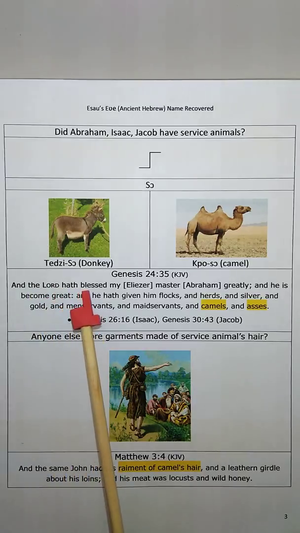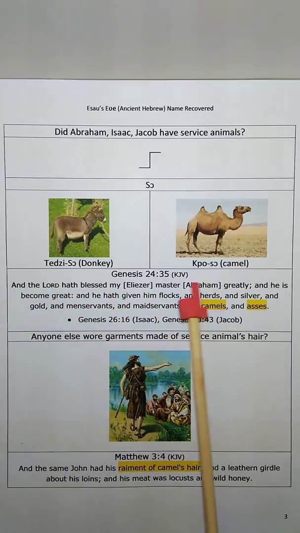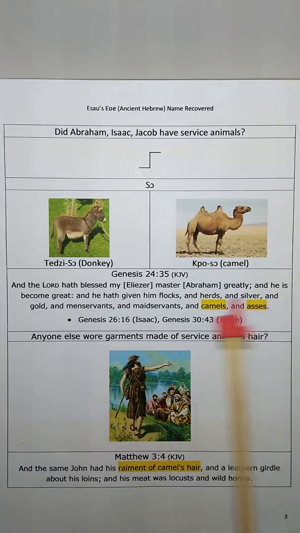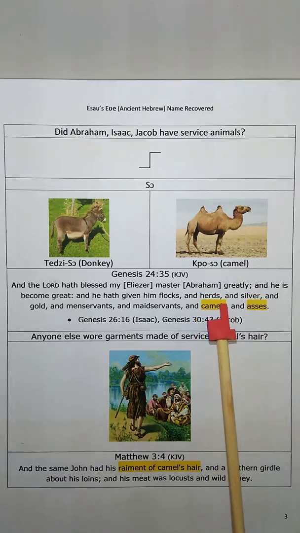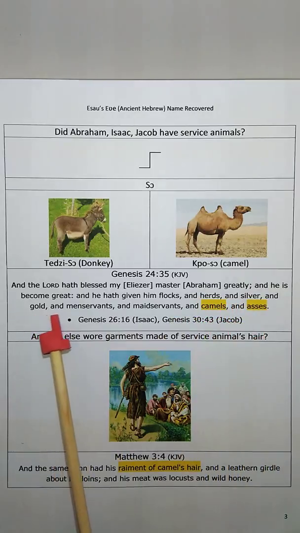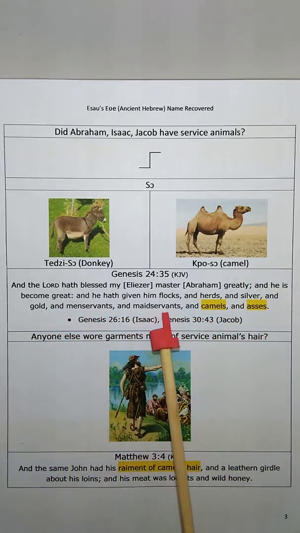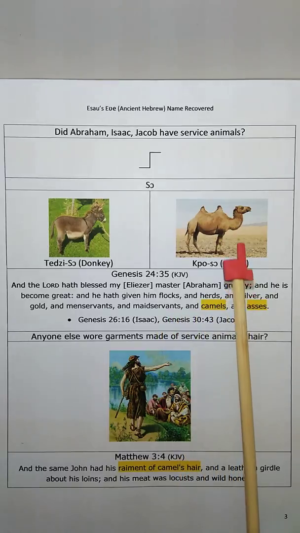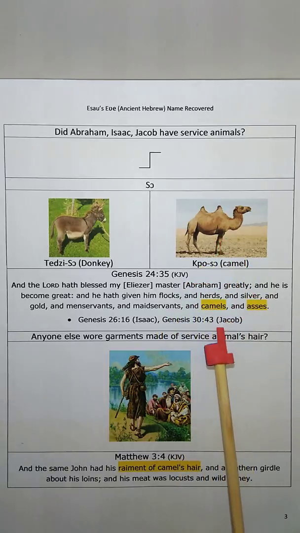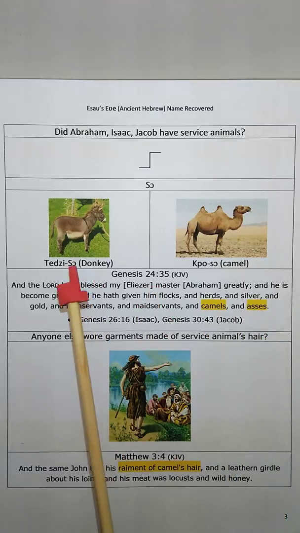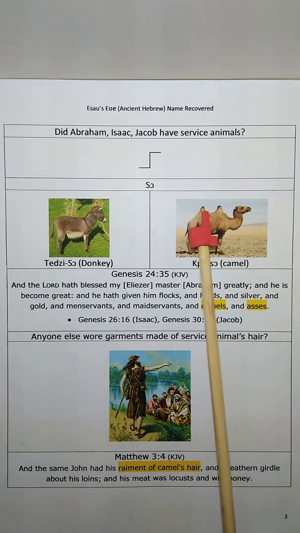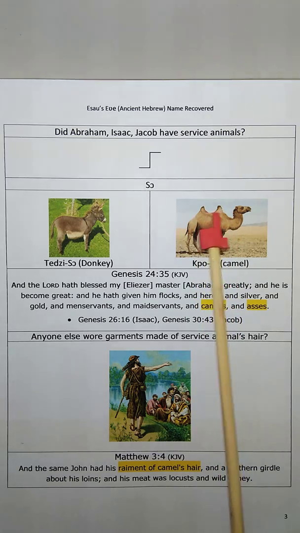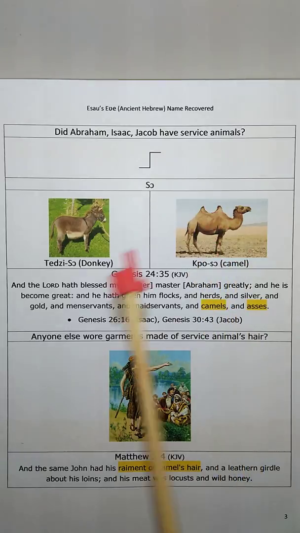"And the Lord hath blessed my master Abraham greatly, and he is become great, and he hath given him flocks and herds and silver and gold and menservants and maidservants and camels, Bosa, and asses, Deji Sa." And here Bosa is in relation to the bow or the haunch on the camel's back.